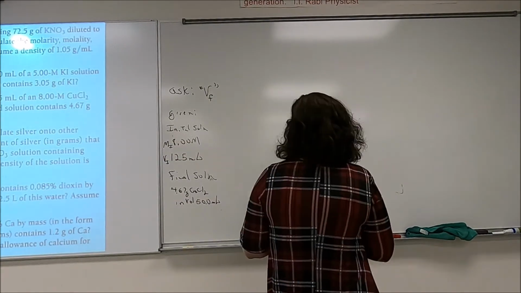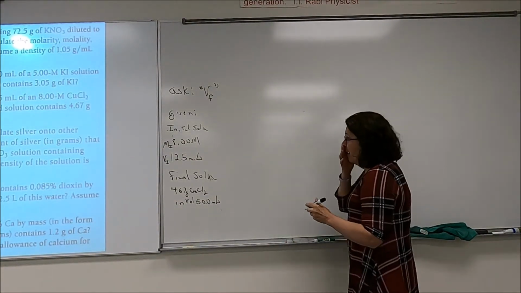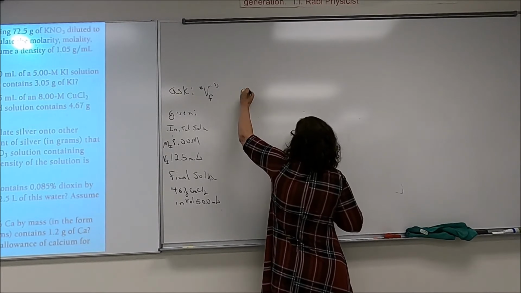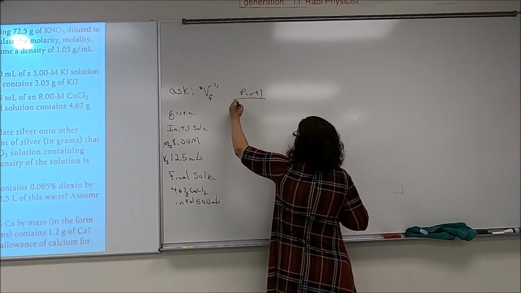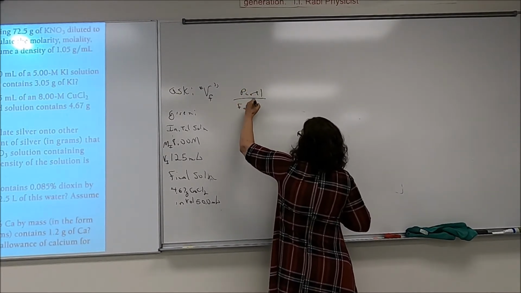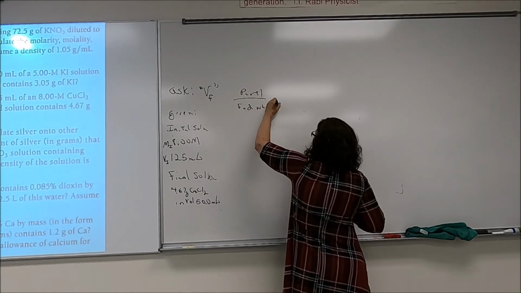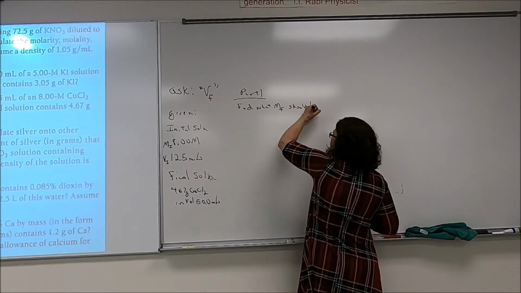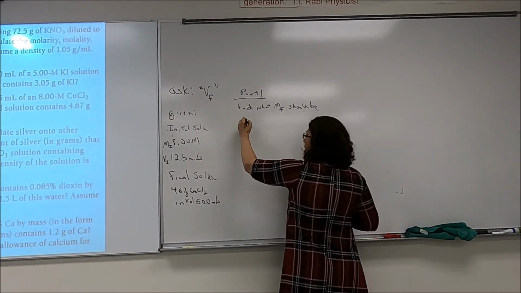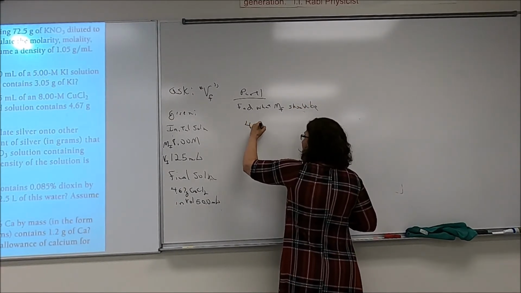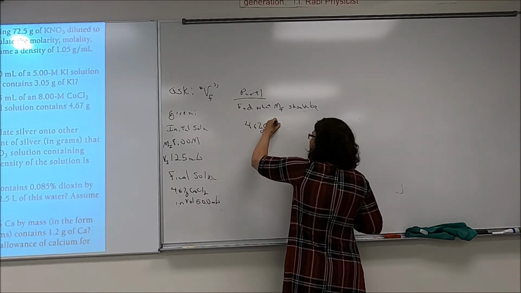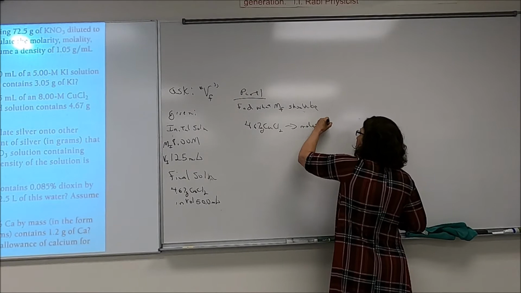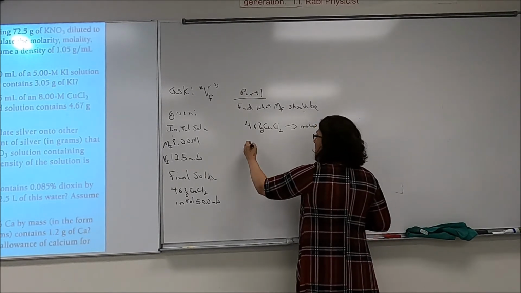All right. So if we think about this in terms of steps, or parts. Part 1, I need to find what molarity final should be. So I'm going to go from the 4.67 grams of copper 2 chloride to moles of copper 2 chloride.